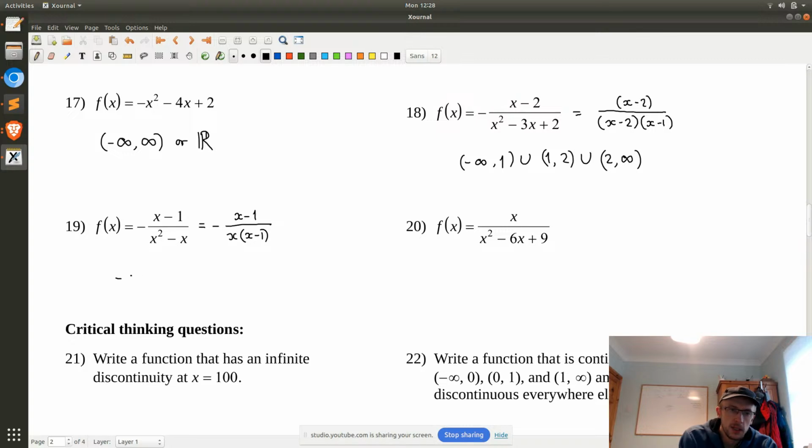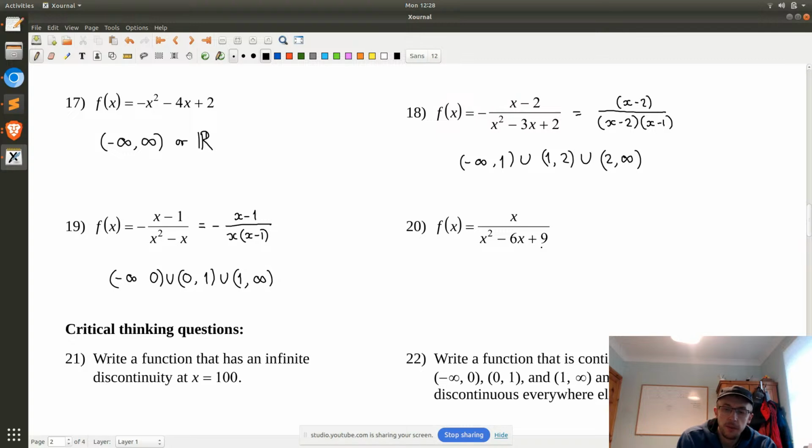So negative infinity to 0, 0 to 1, and 1 to infinity. I believe it's like that. Denominator can be factorized into x - 3 all squared.